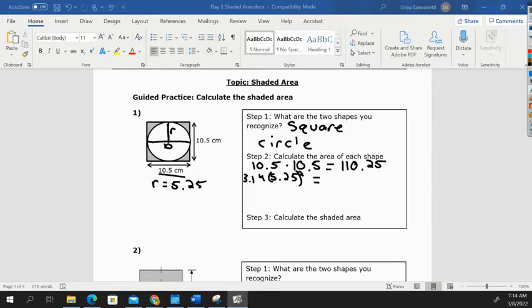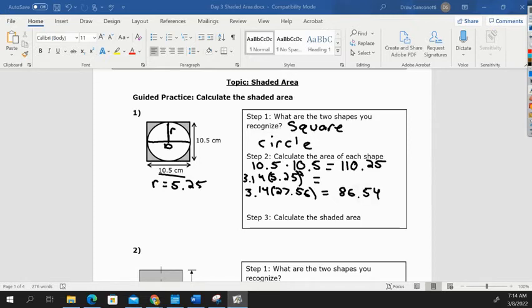And I got 3.14 still, because I haven't done anything yet. And 5.25 squared, I got 27.5625. I'm going to round that to 27.56. And my last step is to multiply 3.14 times 27.56. And I ended up getting 86.5384, so around 86.54.